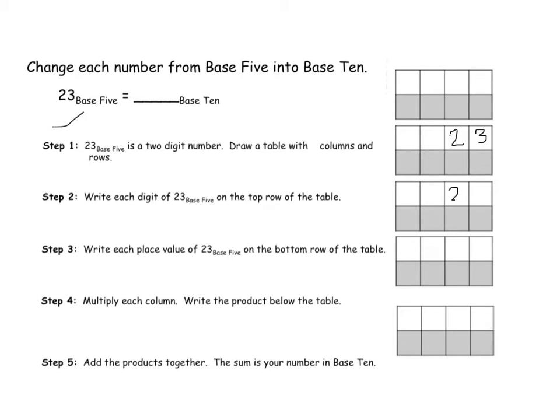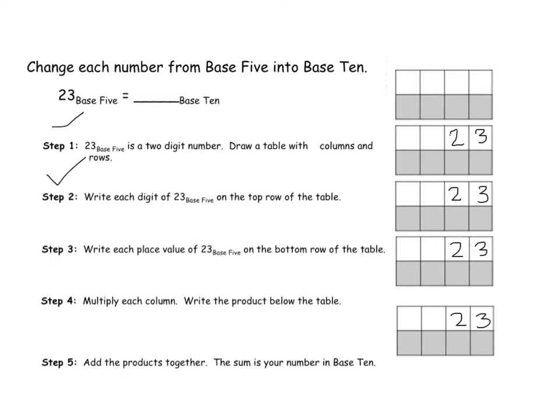23. And I'm going to go ahead and copy this onto all of the tables for this problem. The next thing that we're going to do is write the place value for base 5.